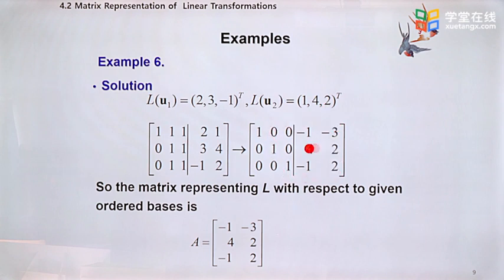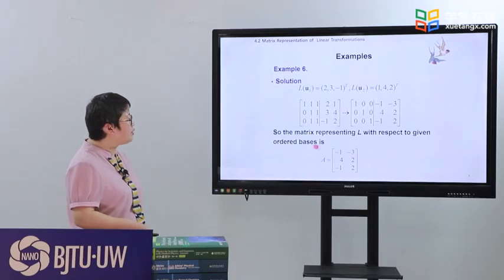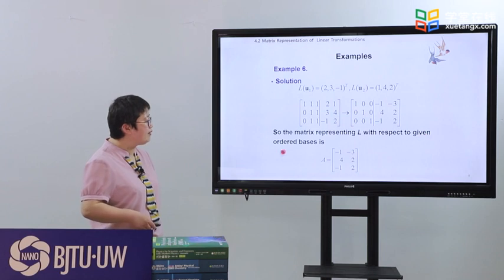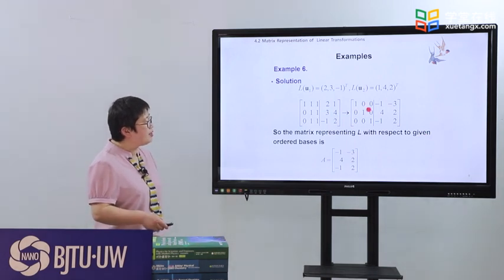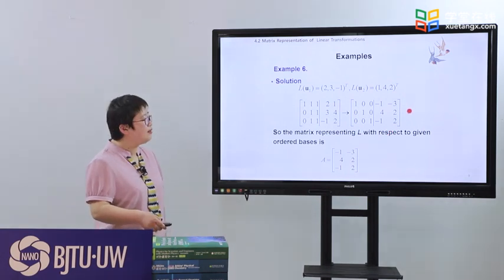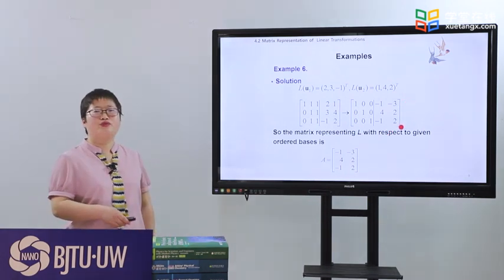The left part becomes identity matrix, and the right part is immediately the matrix representing L with respect to the given basis. So the matrix representing L with respect to the given ordered bases is A, whose first column is minus 1, 4, minus 1, and the second column is minus 3, 2, 2.